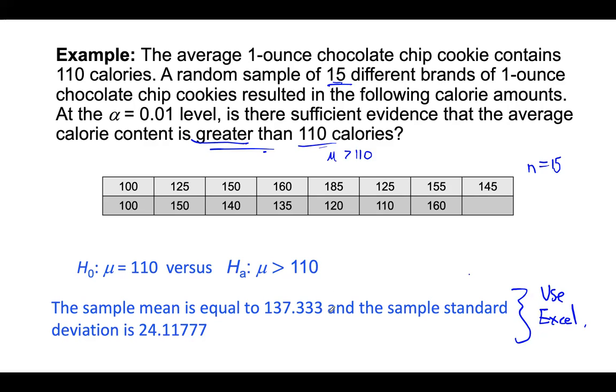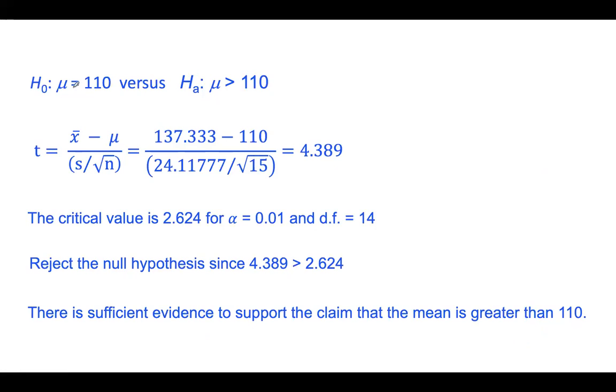Now, I would most likely give you these numbers in a test. Since you're working at home, you could just use Excel to find those numbers quite easily instead of actually calculating them. Now we compute that test statistic.